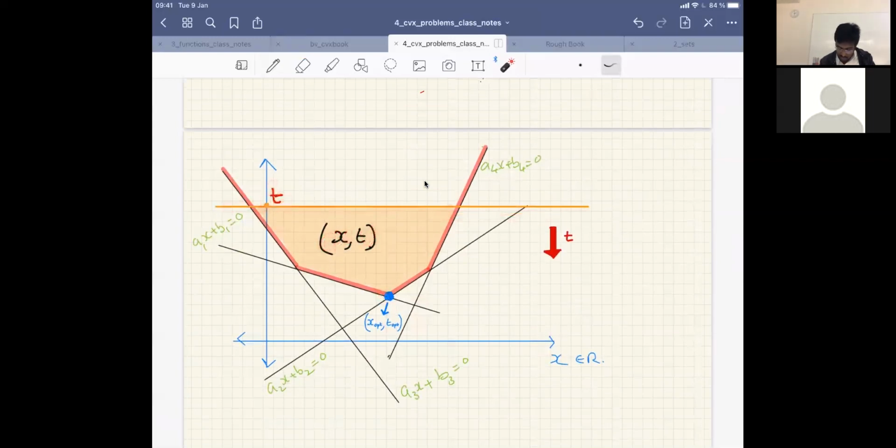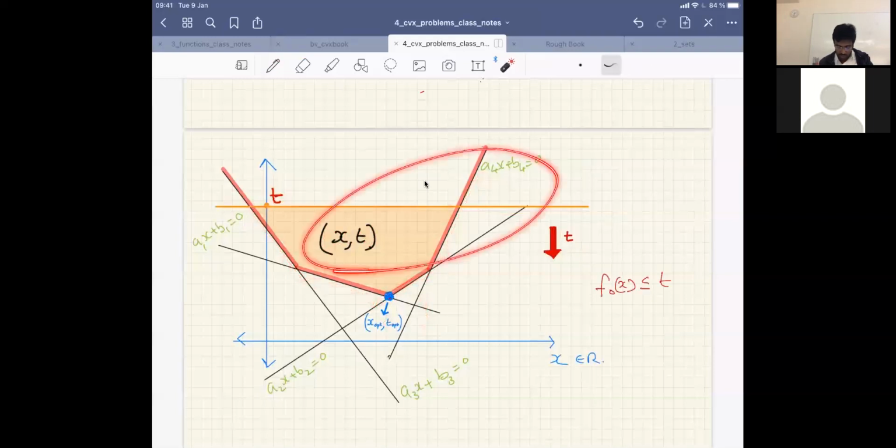So now take t and try to reduce t and find the minimum value of t, but t has to be greater than or equal to f0(x). If you go further from this point, then t will decrease below the original function here, which is not allowed. So by doing this, what you will get is this point x_opt, t_opt. From this, you can pick the x_opt.